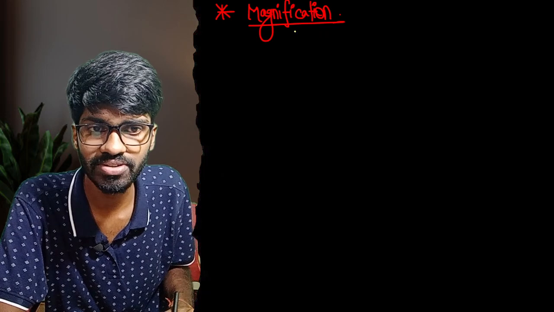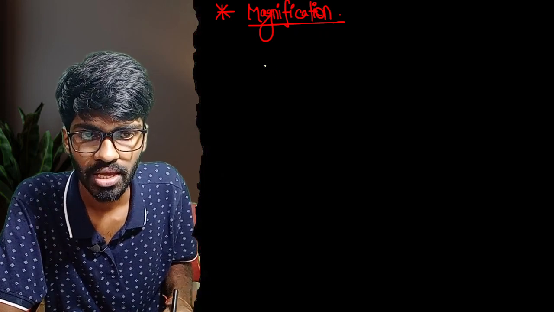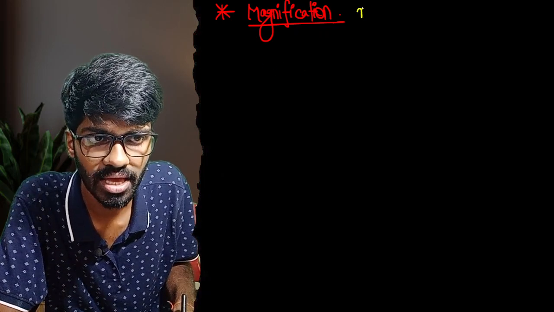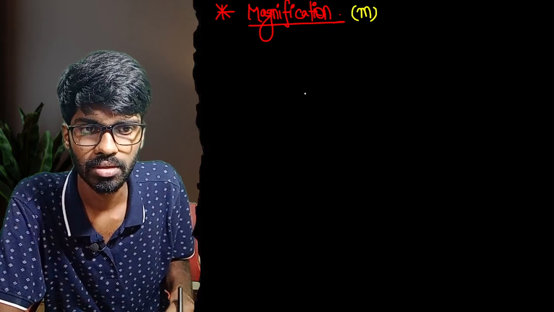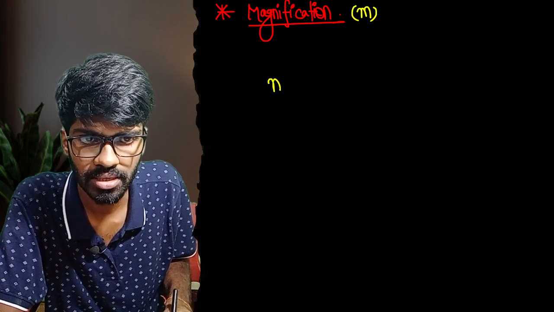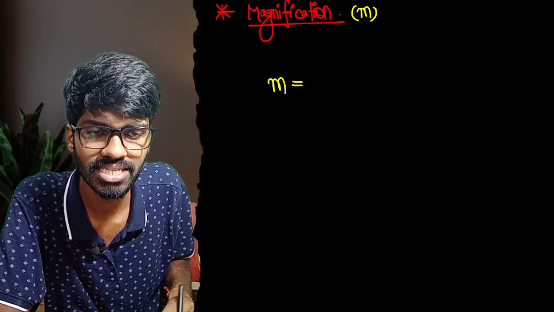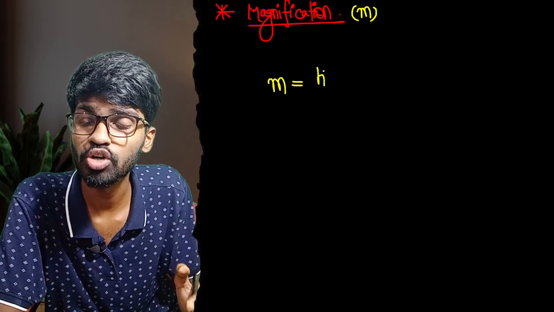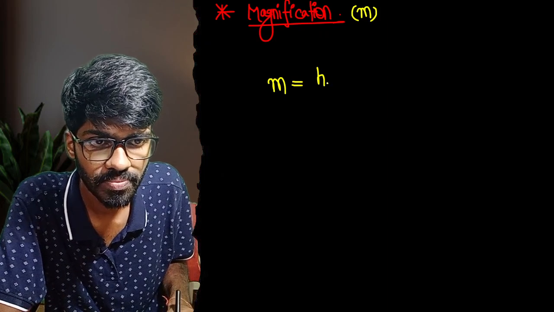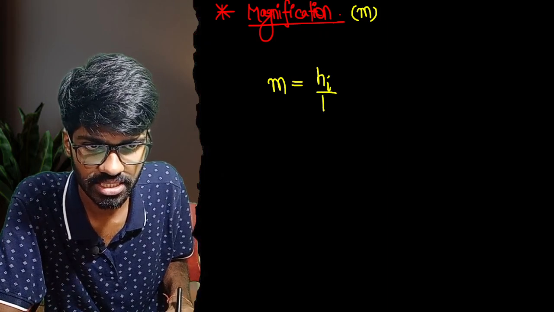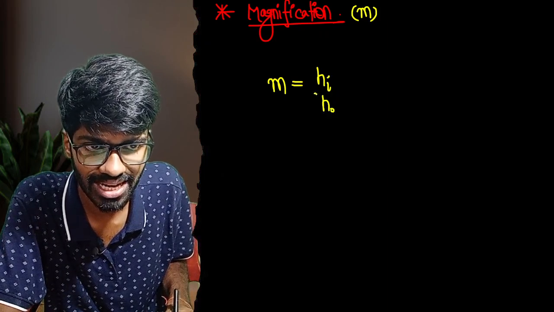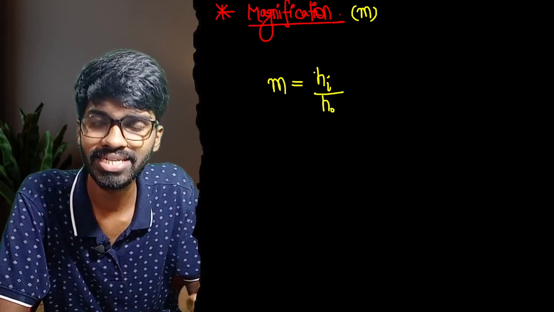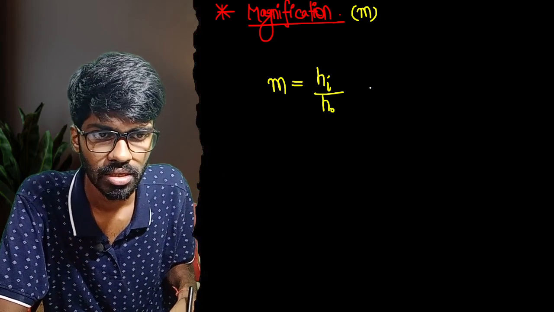So let's start our discussion with this formula. Magnification is denoted with M. We will discuss its two formulas. Magnification is equal to the ratio of image distance to object distance. In the last lecture, we have already discussed sign convention.